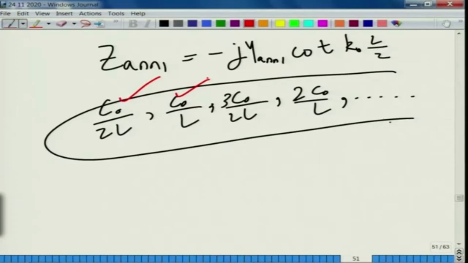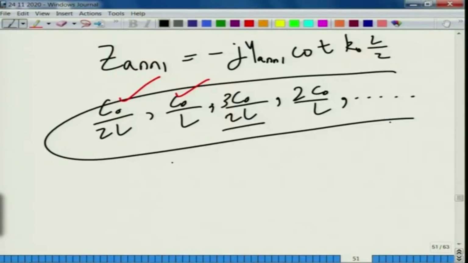How do we ensure that just by choosing L by 2, this would possibly kill the higher order troughs as well? So, if we choose Fp, the frequency corresponding to k naught, that is 3 by 2 into C naught by L, what do we get?